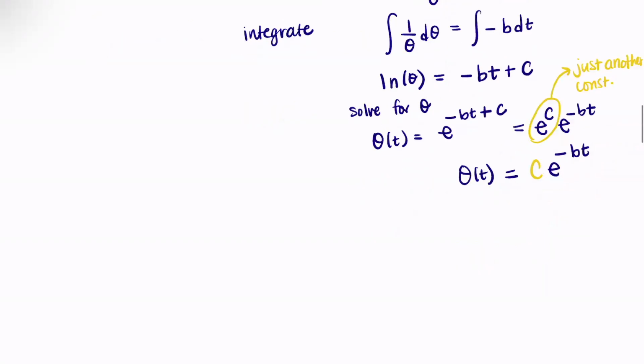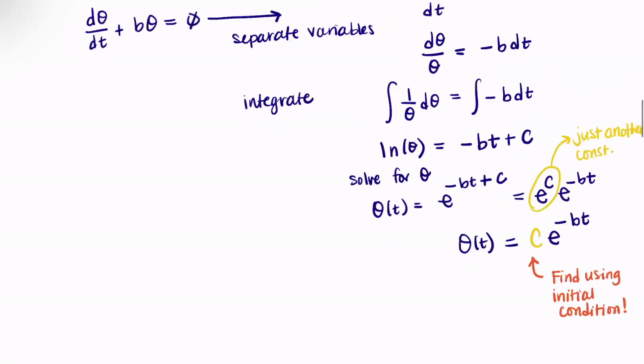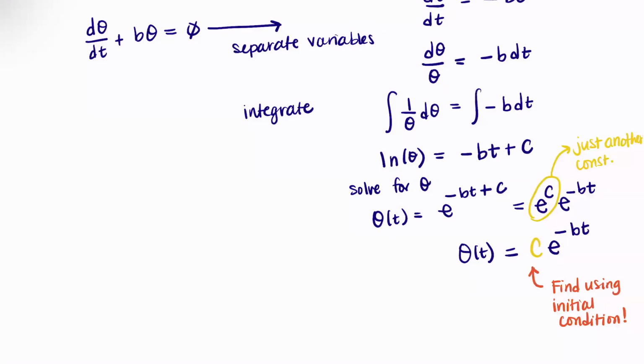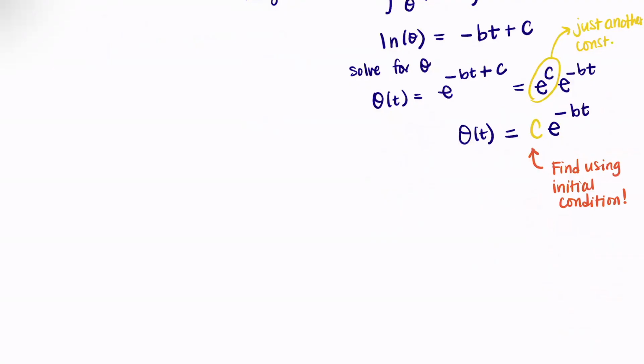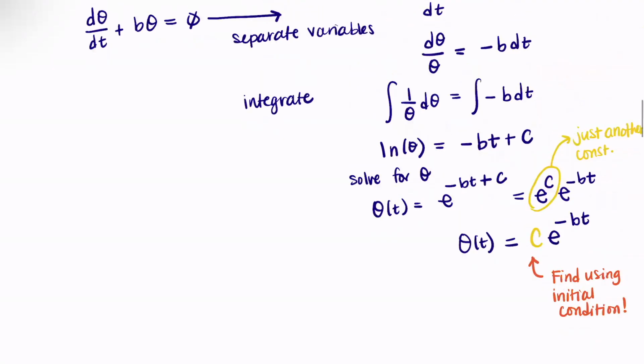And we are always going to find C from the initial condition. Okay, so what I'm going to do next is substitute back in my T minus T infinity for theta, which gives us the following.